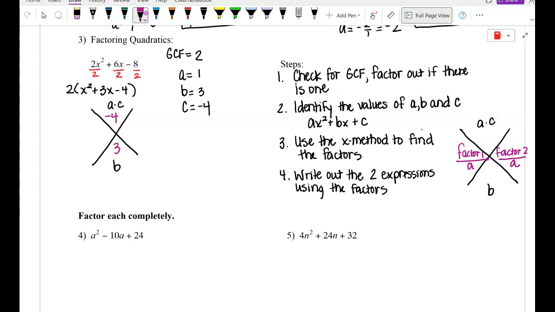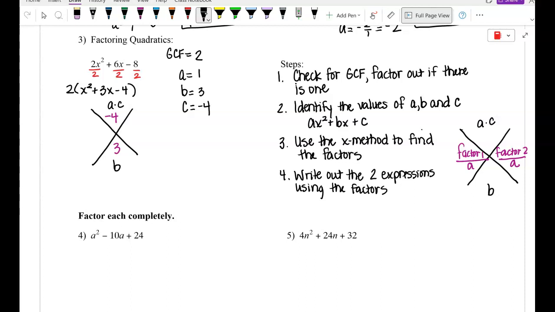B is 3. So I need 2 numbers that multiply together to make negative 4 and add up to 3. Because the sum is positive, we know the larger factor has to be positive. And if at this point you know what 2 numbers that is, you can write them in. You do not have to do this next step.